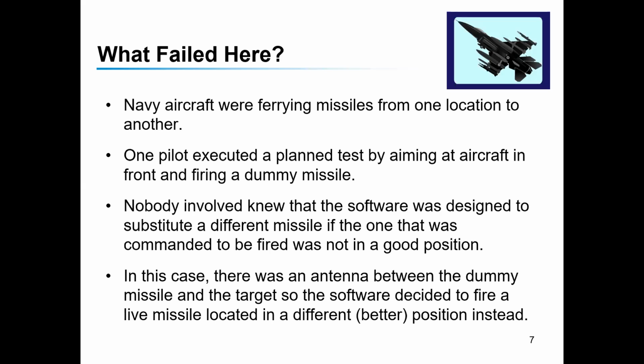Nobody involved, however, knew that the software was so-called smart software, and it was designed to substitute a different missile if the one that was commanded to be fired wasn't in a good position. In this case, there was an antenna between the dummy missile and the target, so the software decided to fire a live missile located in a better position instead.